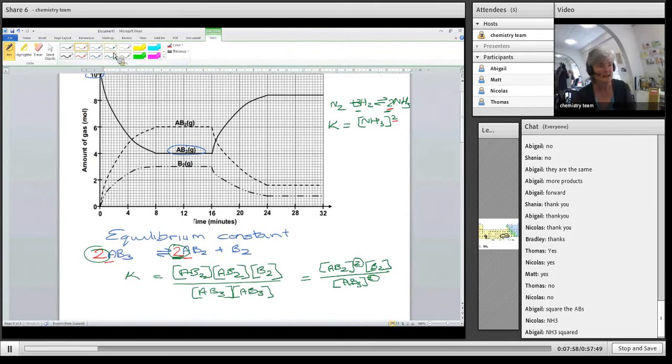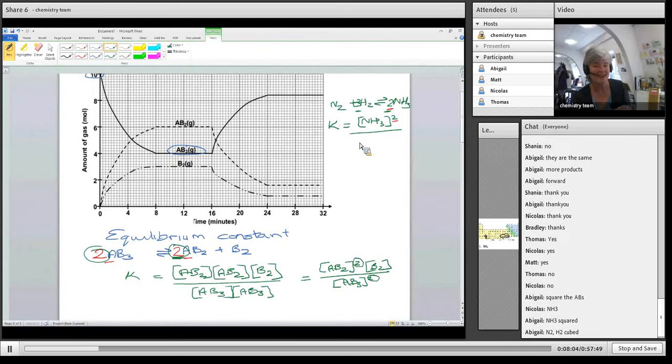Okay, then I divide it by my reactants, and so what would go as the denominator? Right, so it'll be N2 and H2 cubed. Because you have to do calculations with this, I hope you know how to use your calculator for cubing and squaring.